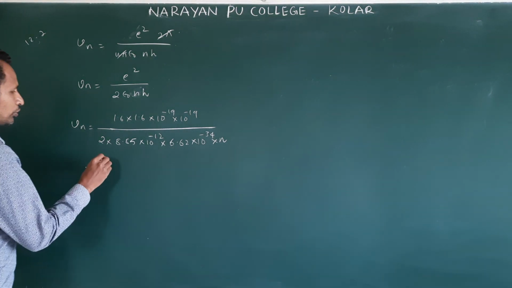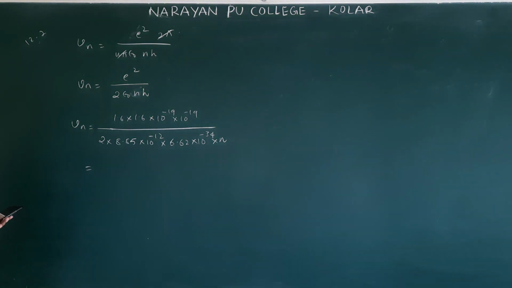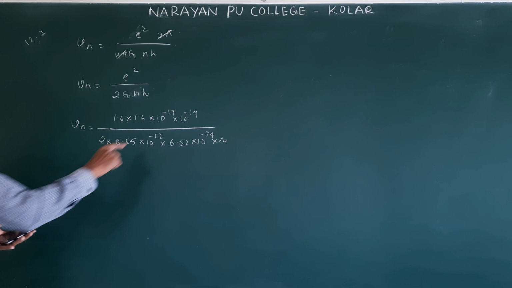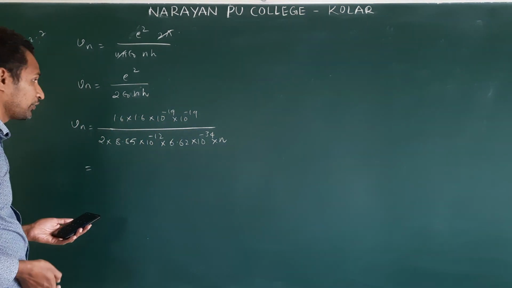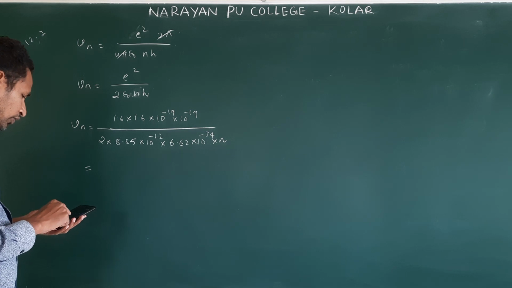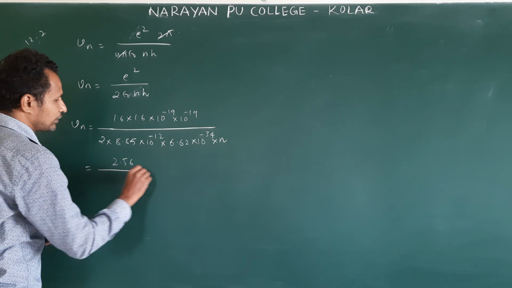So this is the numerator and denominator; we will complete their product and clear the powers. Whenever you find a calculation with many values and powers involved, first we need to clear the powers. 1.6 into 1.6 is 2.56.